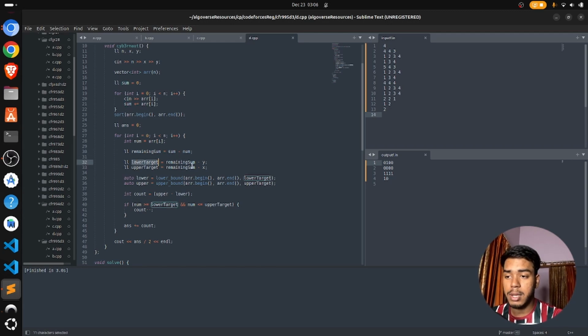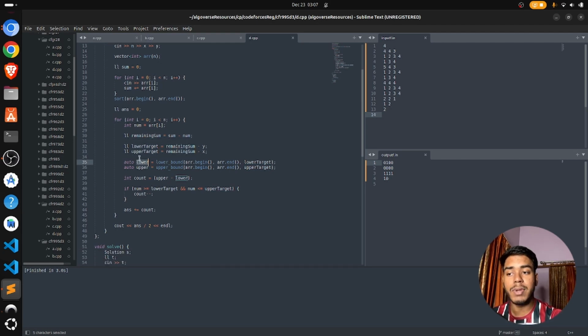And lower target is remaining sum minus y, where y should be the greater one, x is less than or equal to y, it can be equal also. And upper target is remaining sum minus y minus x.